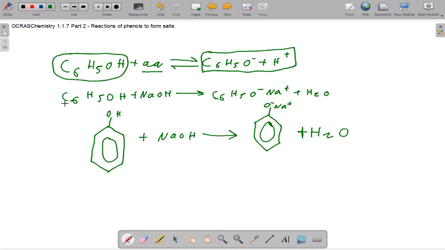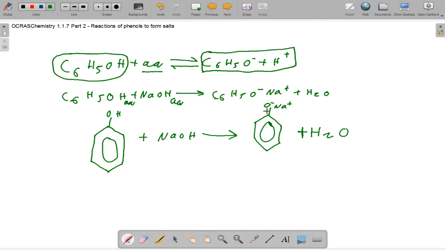So then, if we add our aqueous sodium hydroxide, with aqueous sodium hydroxide, we get C6H5O- Na+ plus H2O, and then it tidies itself up like this.